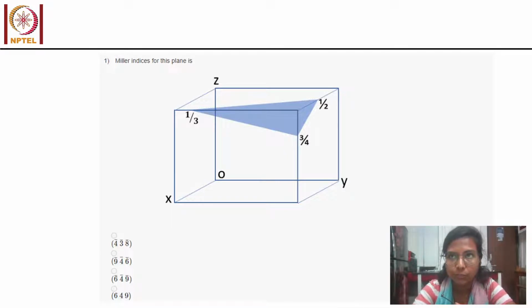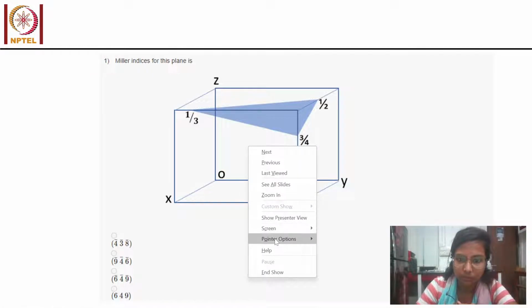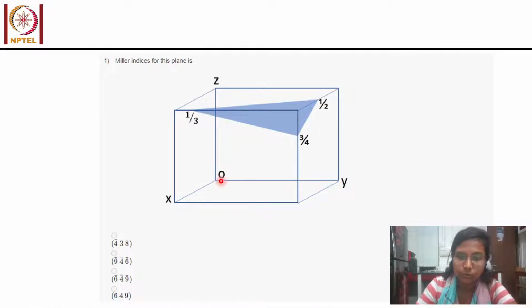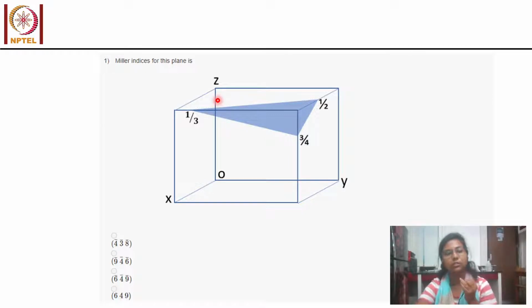First, we find out the intercepts from what is given, on the respective x, y and z axes. Then we take the reciprocal of them, and then we clear the fractions if any. So this is the simple way to find out the Miller indices.